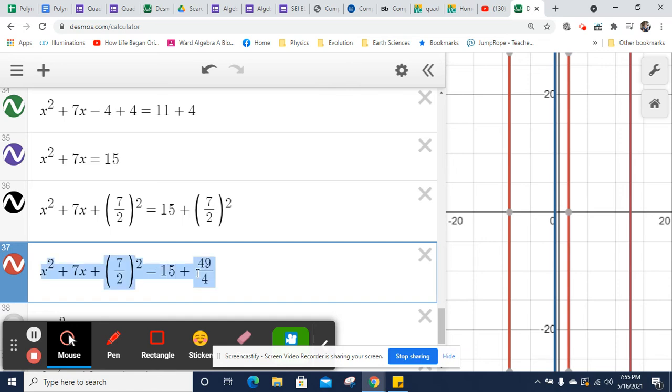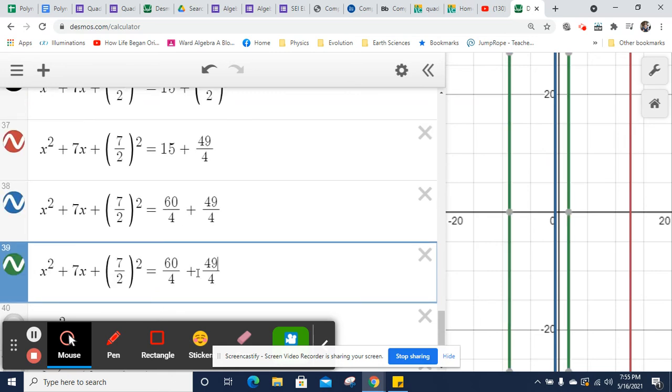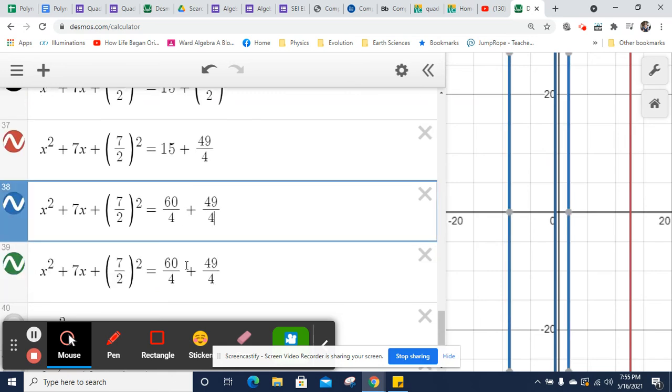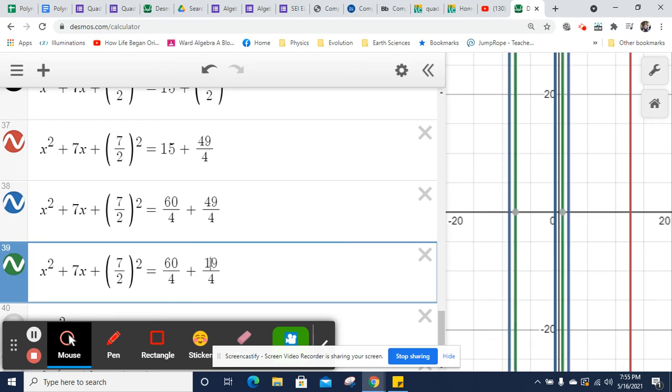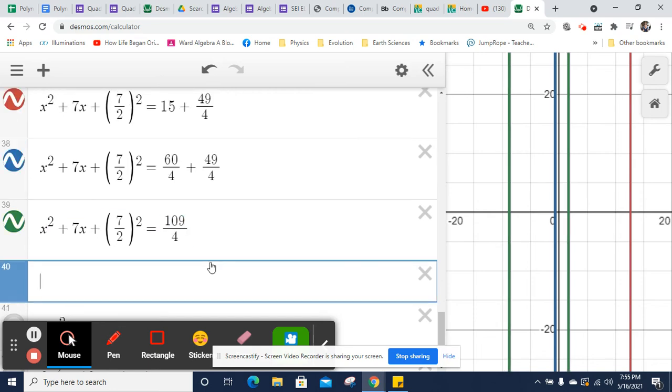And now I need to combine things over on the right. So 15 is the same as 60 over 4. So I can put that together. So that'll end up being 60 plus 49, which will be 109 over 4. Okay, I've simplified everything as far as I can do at this stage.